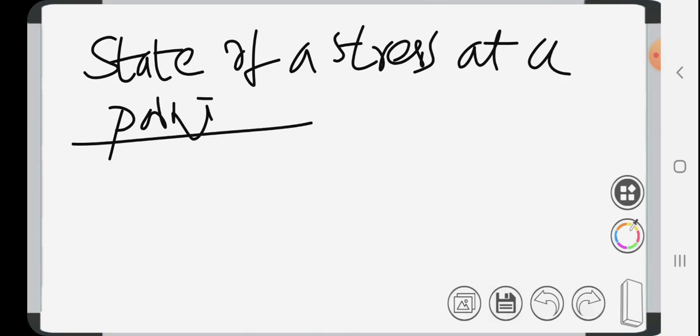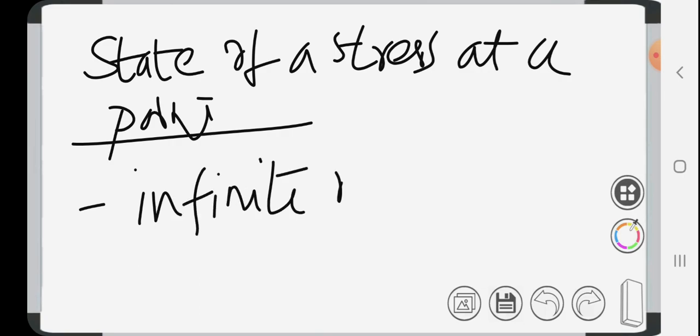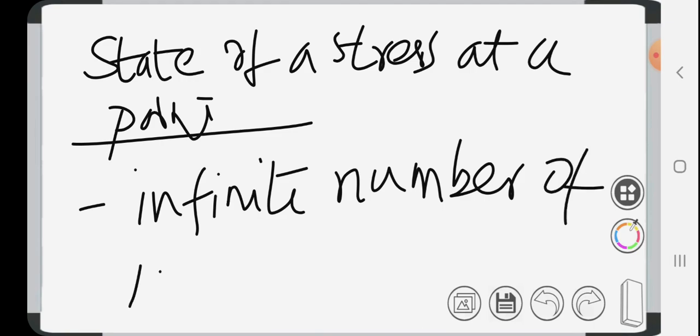So what is the importance of state of stress at a point? Because we may have an infinite number of planes which can be drawn through a point. So we get an infinite number of stress vectors, right?